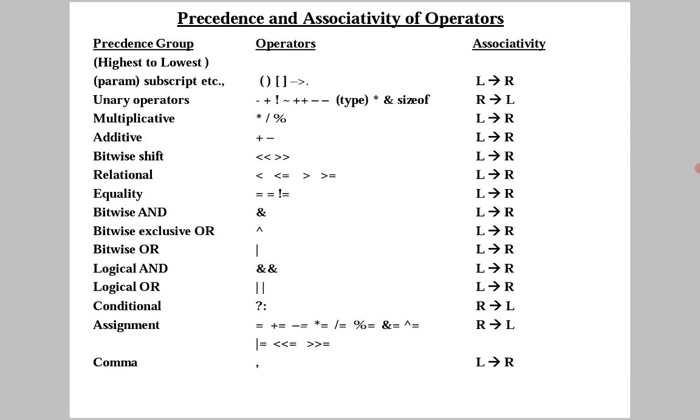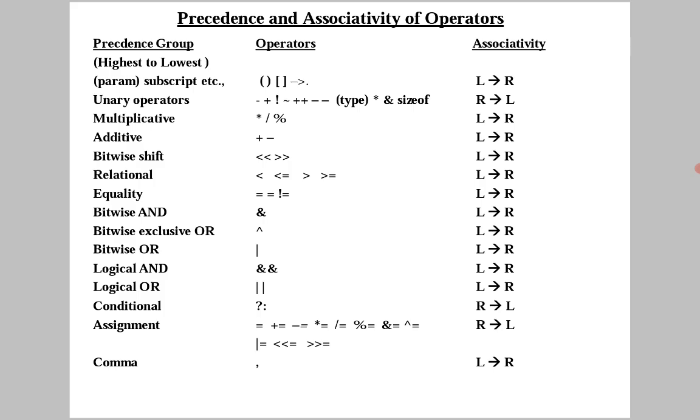In C language there are many different types of operators, like arithmetic operators, relational operators, unary operators, bitwise operators.